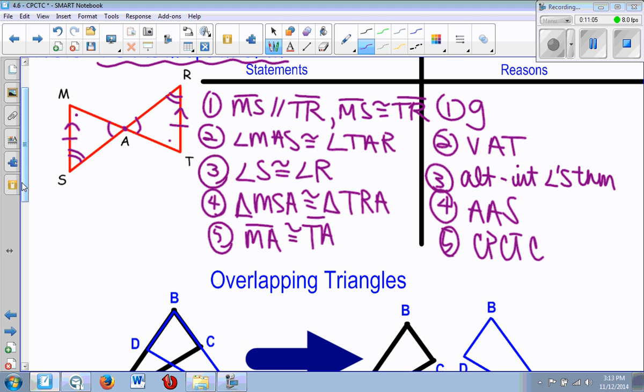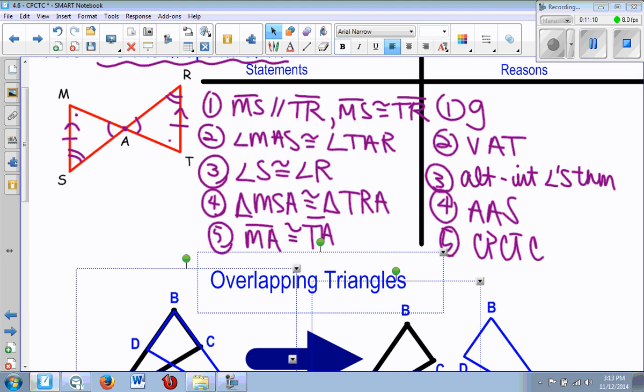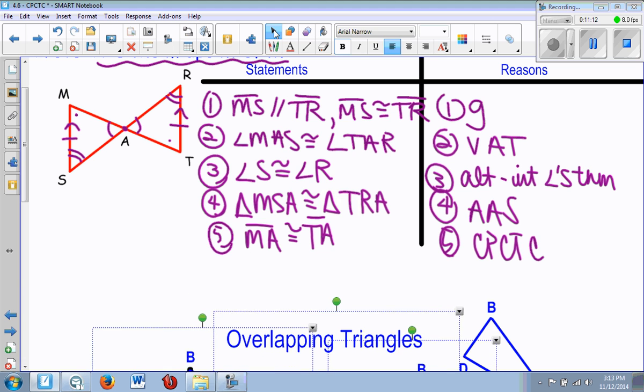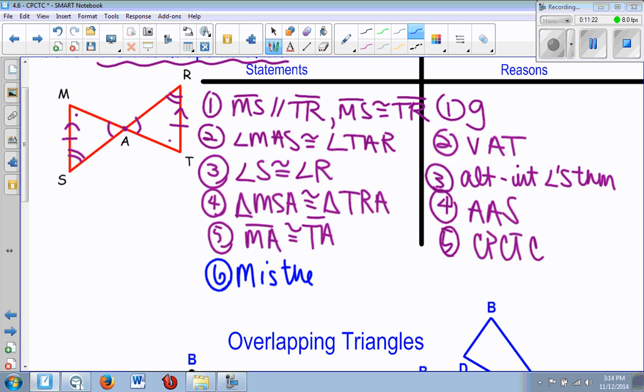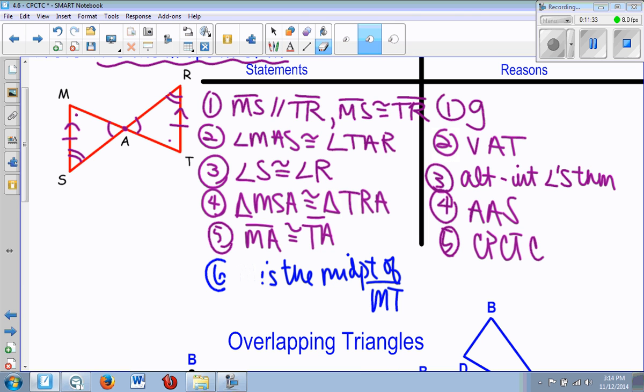Now, how does that help me do my proof? Well, if I know that those two pieces are the same, what that tells me then is that A lies directly between the two. So I can use that last statement to say that A is the midpoint of MT, because A lies directly in the middle of them.